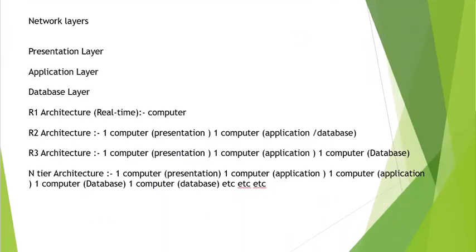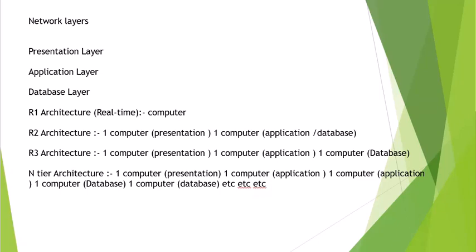Next one is the network layer. When you are learning a SAP basis course, you have to know some layers in the network. The first one is the presentation layer, then the application layer, and the database layer.